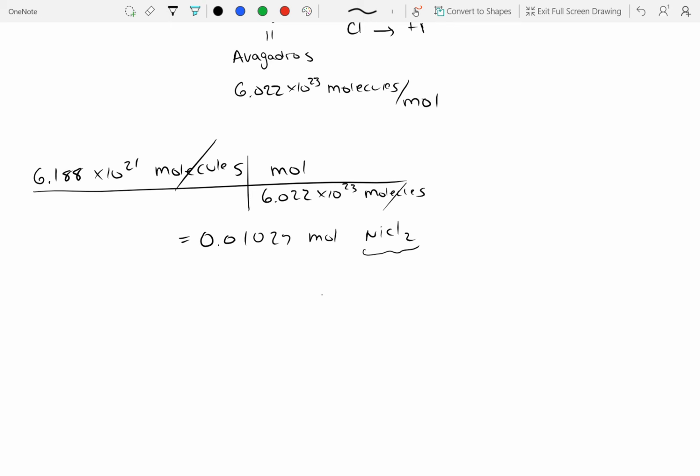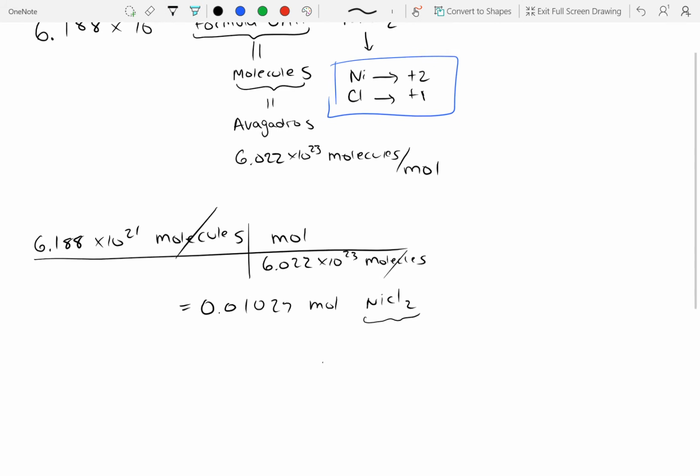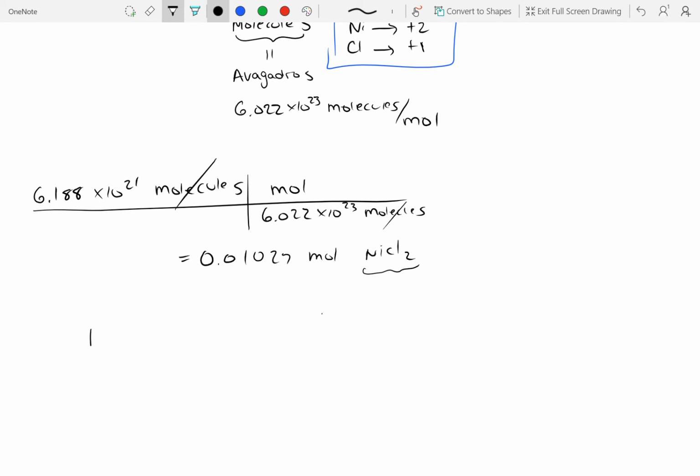So the way we find that is back up here with this part. So basically what happens is I'm going to write the dissociation, which means what happens when I mix it with water and this thing splits. I get 1 Ni, and of course Ni is plus 2.